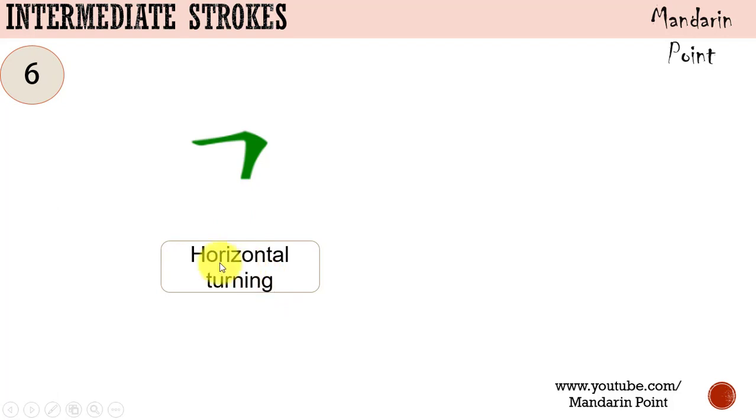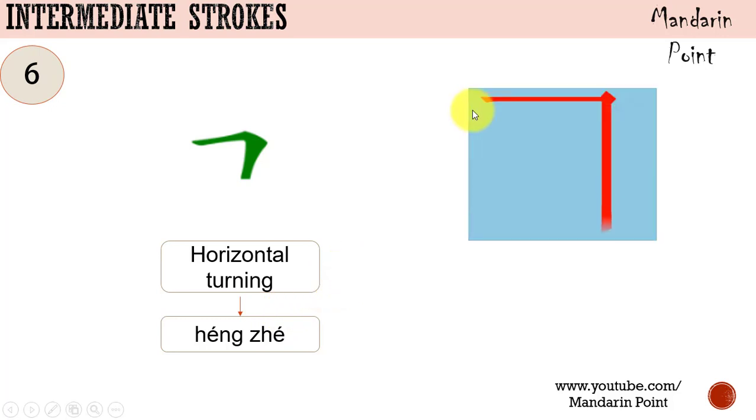Horizontal is going to be heng, and this sharp angle we call it zhe, so it is heng zhe, heng zhe. So zhe is denoting this sharp angle. Wherever there is a sharp angle, we are going to use this zhe, so you must remember it. In writing it is very simple, just a horizontal stroke with a sharp angle towards it.